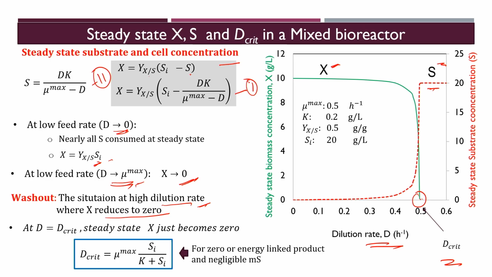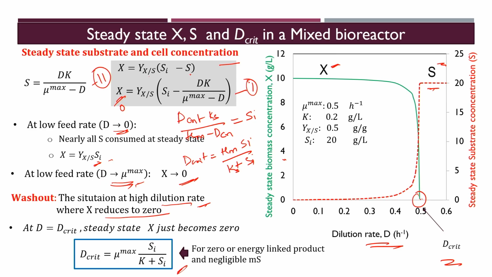So, what will be the D critical here? In this equation, if you put x as 0, and D will be replaced by D critical. So, it becomes D critical into Ks divided by (mu max minus D critical) equals Si, and if I rearrange it, we will get D critical as mu max Si divided by (Ks plus Si), that is it.